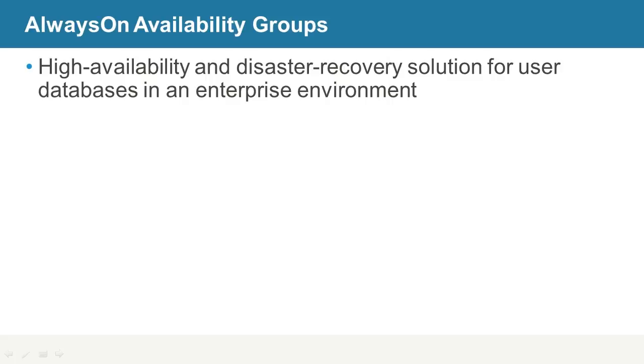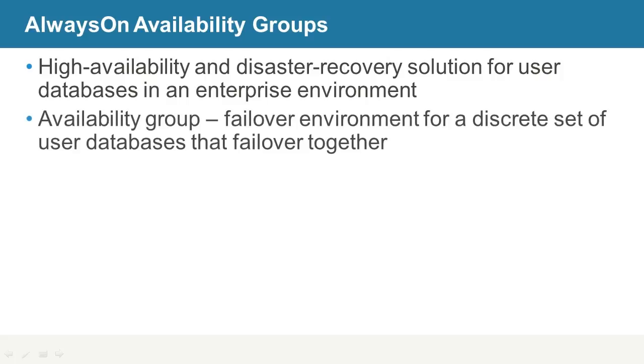The availability group is similar. It's a high availability and disaster recovery solution for user databases in an enterprise environment. And that's the key difference: this is operating at the database level and not the server level.